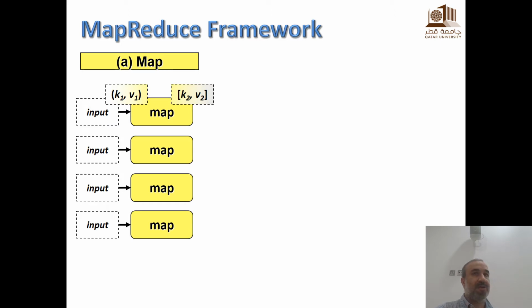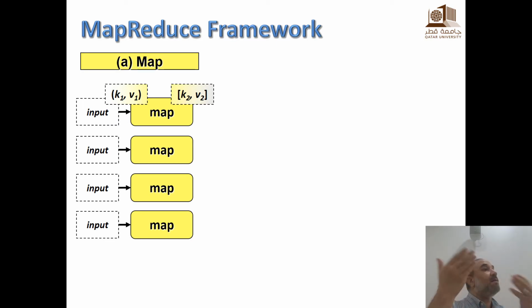Okay, with me so far? Right. The map function will take one pair, which is the key and value of that record, and produce a list of keys and values, possibly in completely different types. That's why we said here K2 and V2. They can be of the same type, they can be different, it depends on what you want.